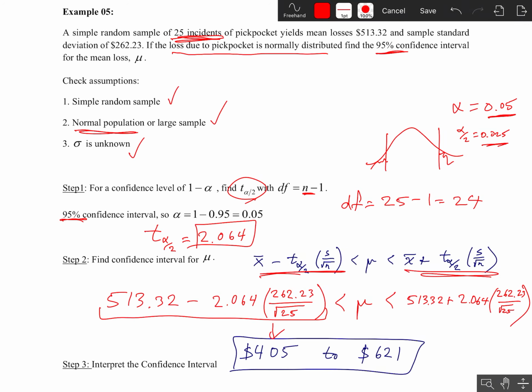This left side, if you plug it into a calculator, gives you 405, and the right side in a calculator will give you 621, and that gives you the confidence interval that we're looking for. So in other words, the actual population mean will be between 405 and 621 with 95% confidence.